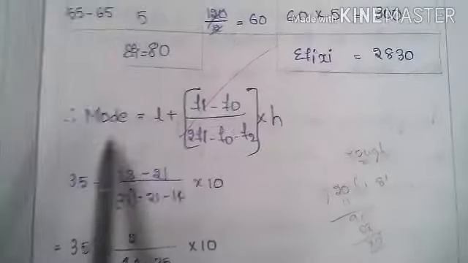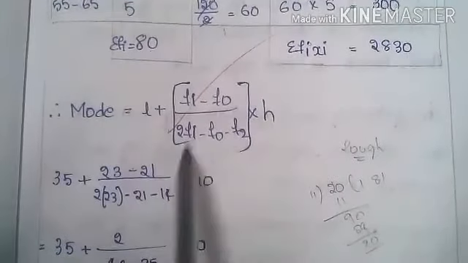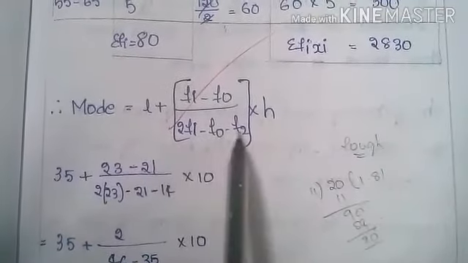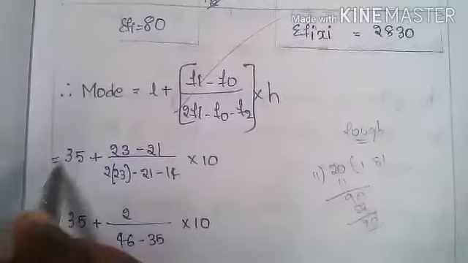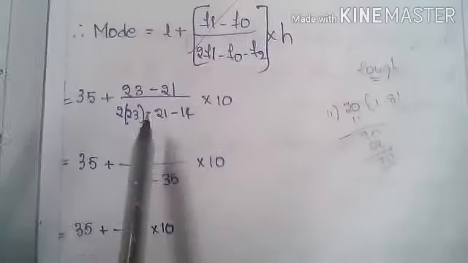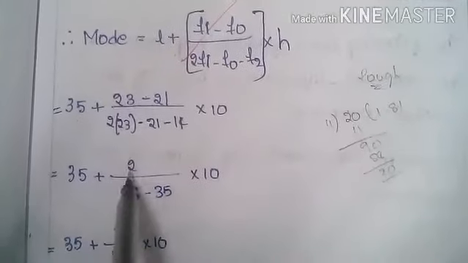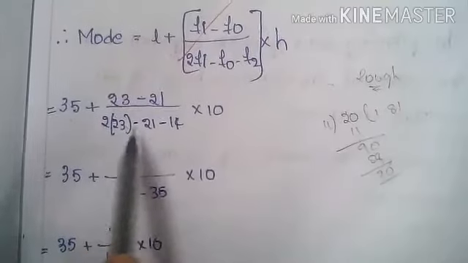Now calculating the mode, the formula is L plus (f1 minus f0) by (2 f1 minus f0 minus f2) into h. I am substituting the values. So 23 minus 21 will get 2. 2 into 23, 46.